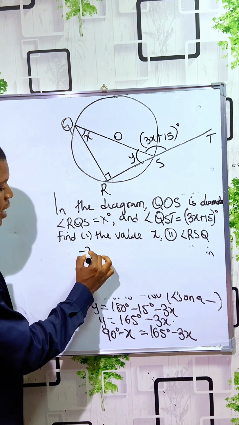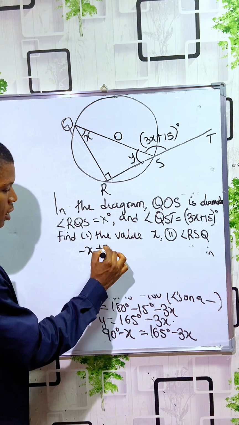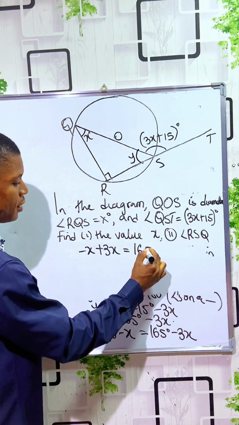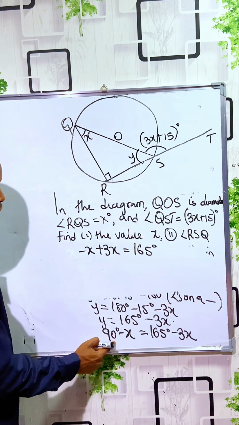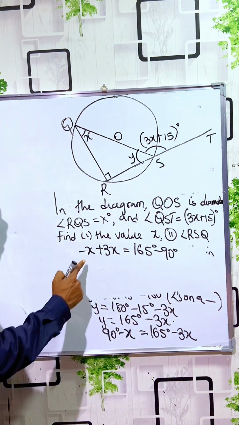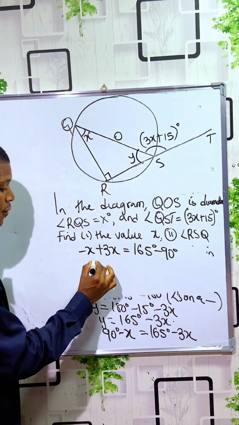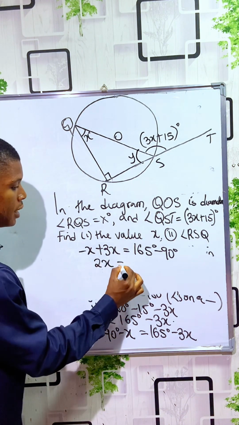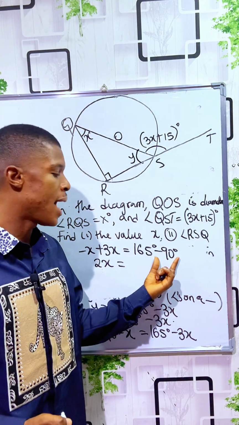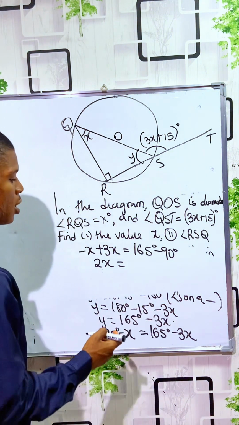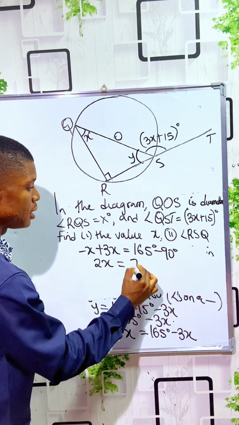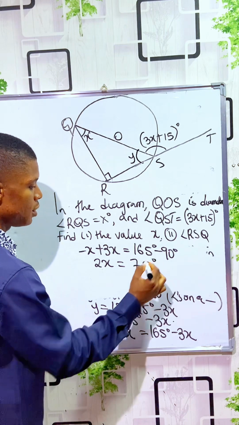So minus x plus 3x is equal to 165 degrees minus 90 degrees. Minus x plus 3x will give you 2x, and 165 degrees minus 90 degrees is going to give you 75 degrees.